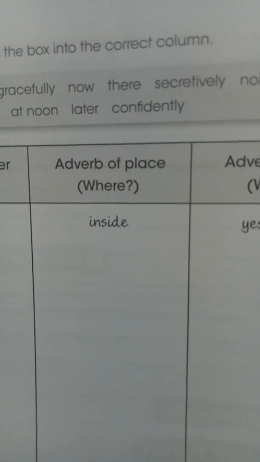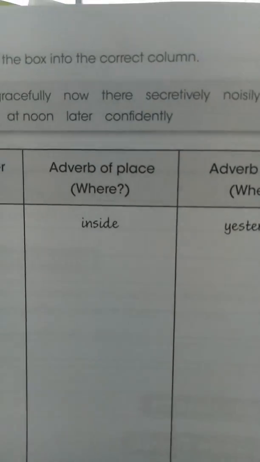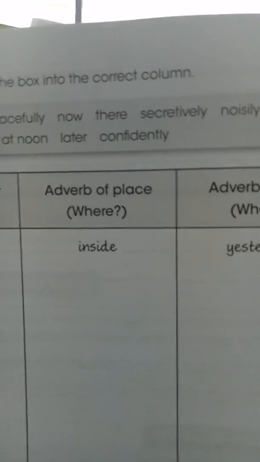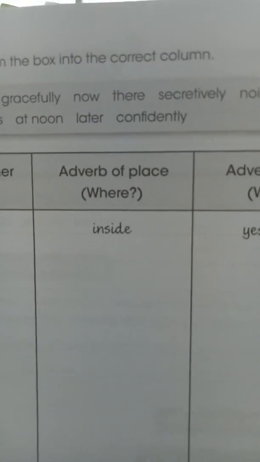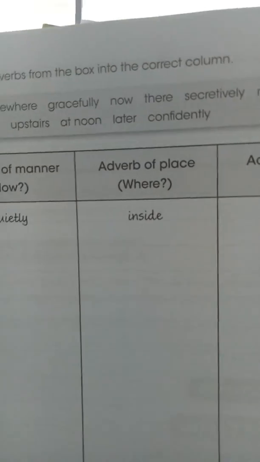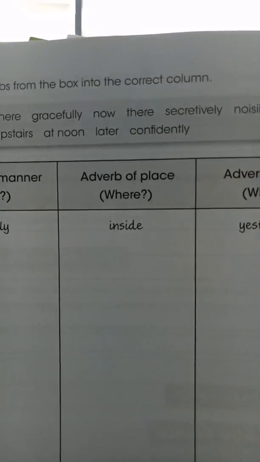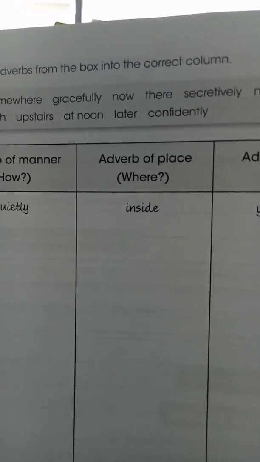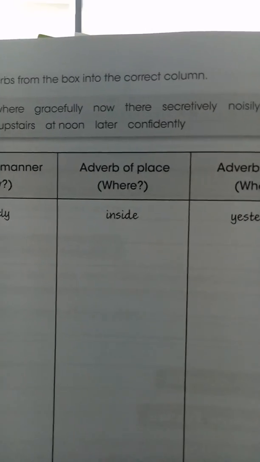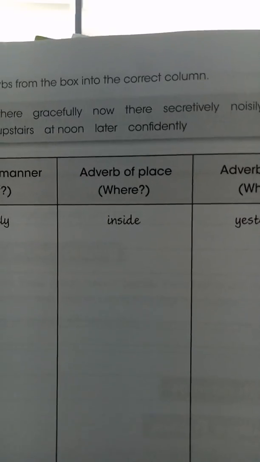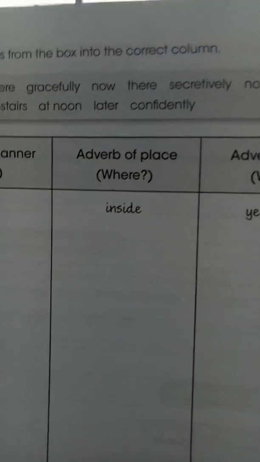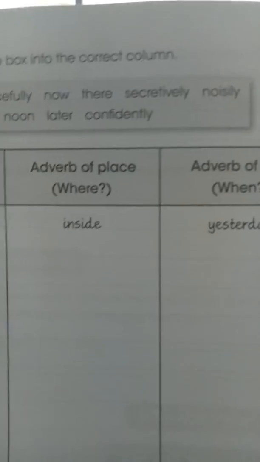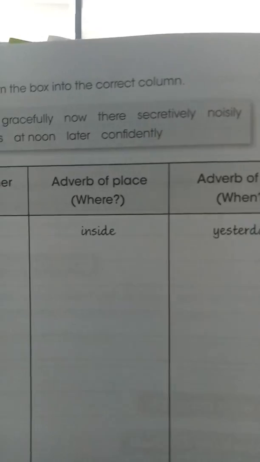So this one, the adverb of place, it doesn't end with ly, as what you can see in the example. For the adverb of place, it answers the question where. Okay, we have discussed this before. So for adverb of place, don't confuse it with your noun. Like for example, she went inside the airport. You might say, airport is also a place, but airport is a noun, and we are talking about adverb here.